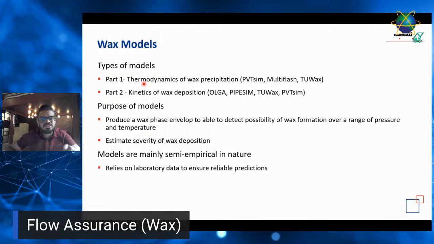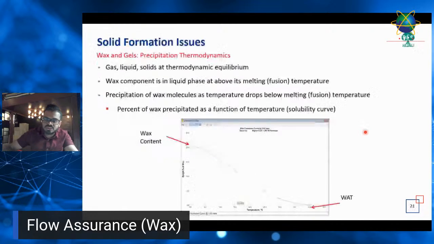So in terms of wax models, there are two parts. One is your thermodynamic modeling, which is your wax precipitation curve that I've shown, which will look like this. This is your wax precipitation curve that needs to be predicted in your thermodynamic software, through PVTsim or through Multiflash, and it is highly dependent on your HTGC distribution and paraffin HTGC distribution, whereby the wax fraction will be calculated and inputted into this software, and your EOS model, equation of state model, in your software will predict the precipitation curve.